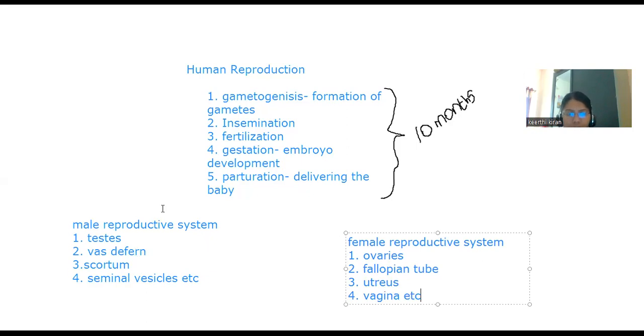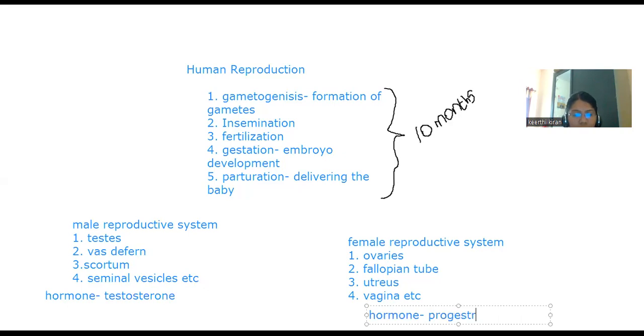In the male reproductive system, the main hormone is testosterone, and in the case of the female, the hormones are estrogen and progesterone. So these are the two things which are formed.